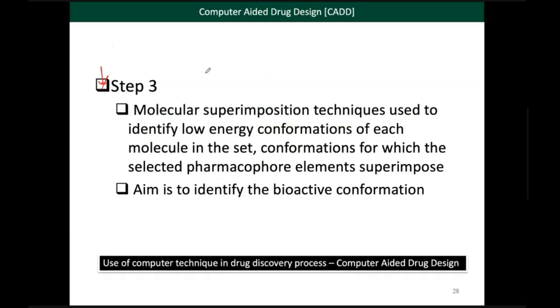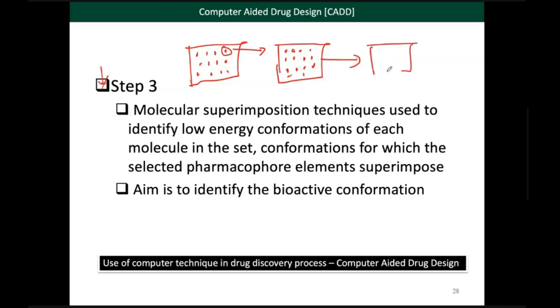What we normally do is take the data set. At the end of the second step, we have the data set compounds, and for each compound we have various conformations, all possible conformations, and out of that we picked the low energy conformations. That is what we have for compound 1.